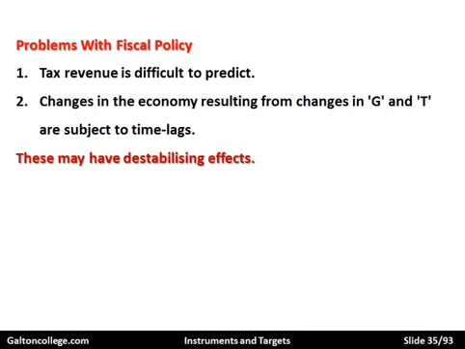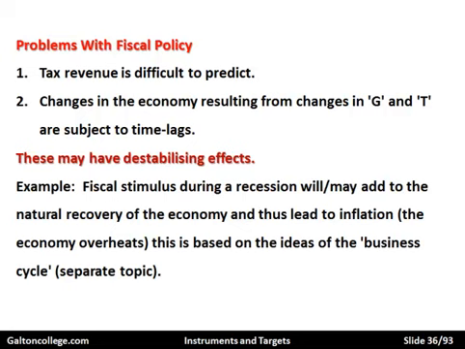Now, these may have destabilizing effects. For example, a fiscal stimulus, in other words, increasing the fiscal deficit to try and stimulate the economy, to bring about more employment in the economy. If you're trying to have that fiscal stimulus during a recession, this will add to the natural recovery of the economy, because we know that economies go through cycles.